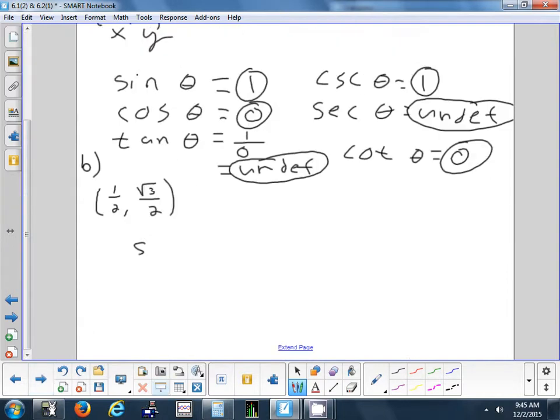All right, let's try this one. Okay, what's my sine here? Square root of 3 over 2. Yep, sine is the y value. Root 3 over 2. Cosine? That's 1/2.